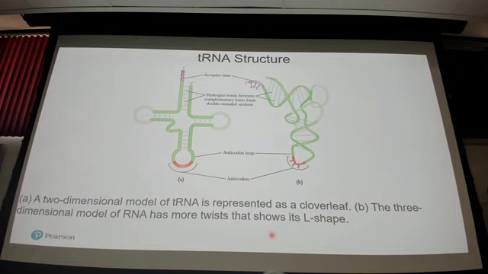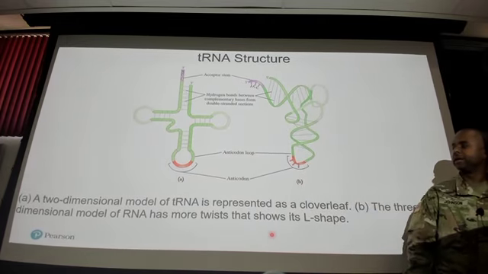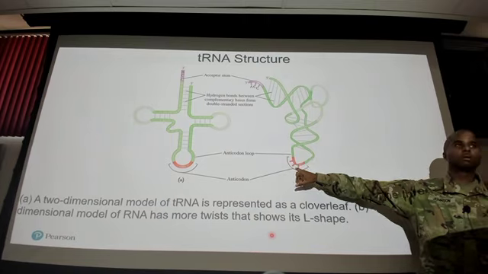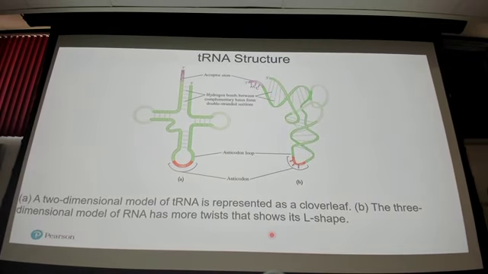I'm misunderstanding. Say again? The acceptor stem at the top, is that the opposite of the anticodon? The acceptor stem is just where the amino acid binds based on the sequence here. So the triplet sequence here, if it codes for serine, serine is going to bind there. Yes?